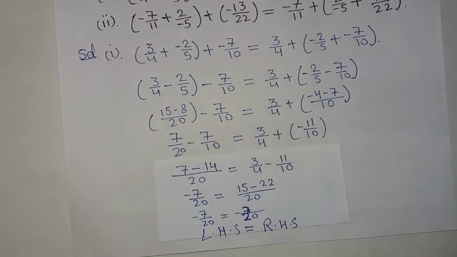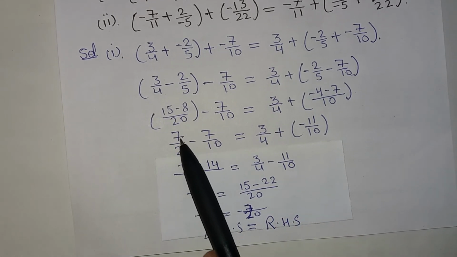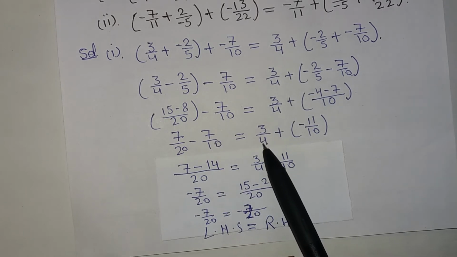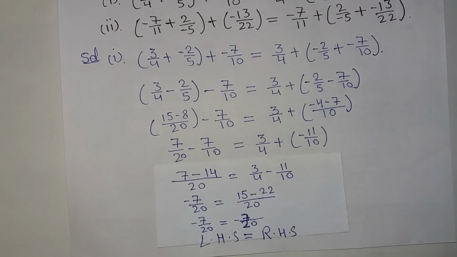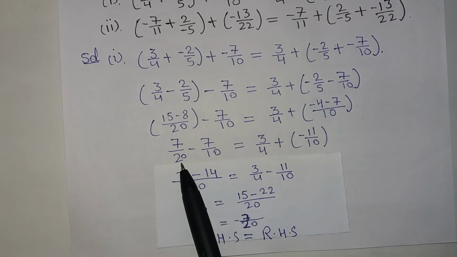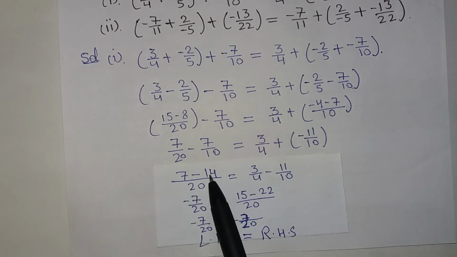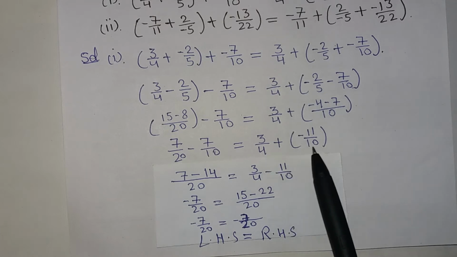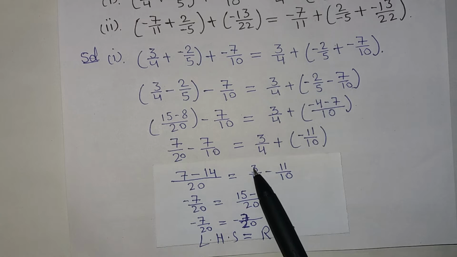By solving it, 15 minus 8 will be 7. 7 upon 20 minus 7 upon 10 equals 3 upon 4 plus minus 11 upon 10. By taking LCM of 20 and 10, it will be 20. So it will become 7 minus 14, equal to, by taking LCM of 4 and 10, plus minus becomes minus. So it will be 3 upon 4 minus 11 upon 10.